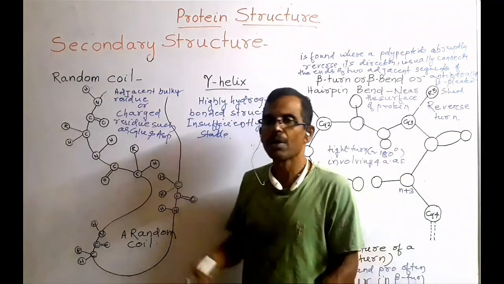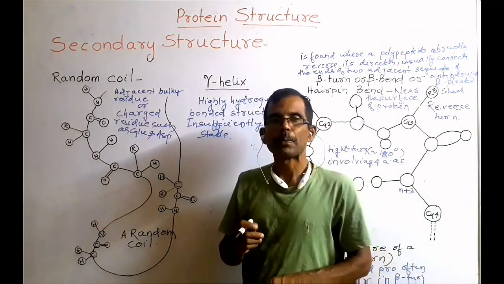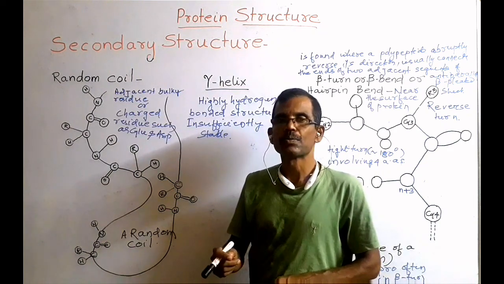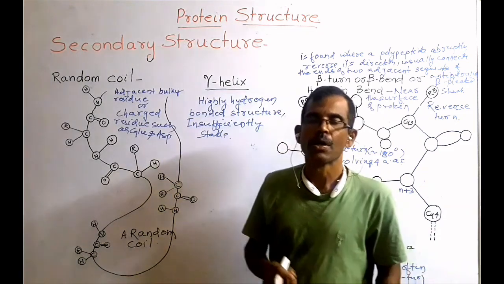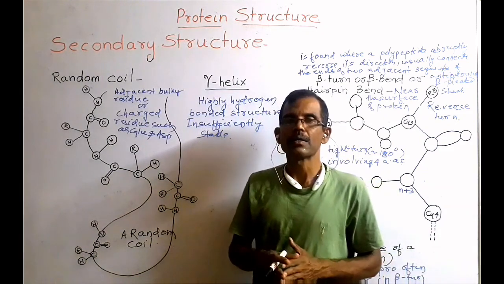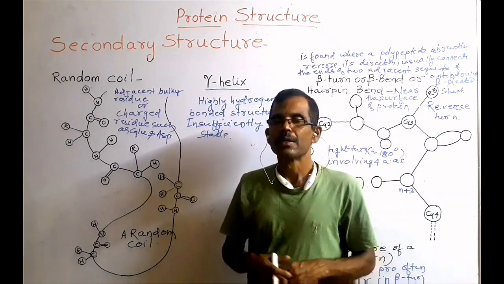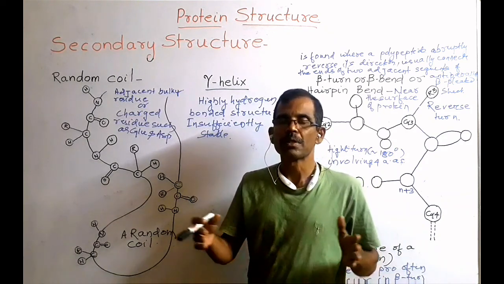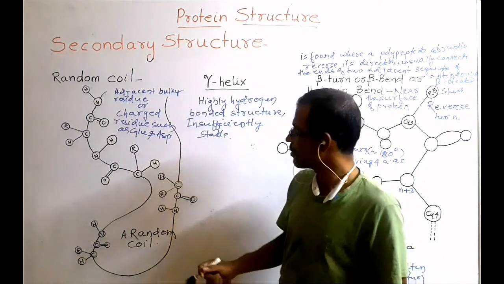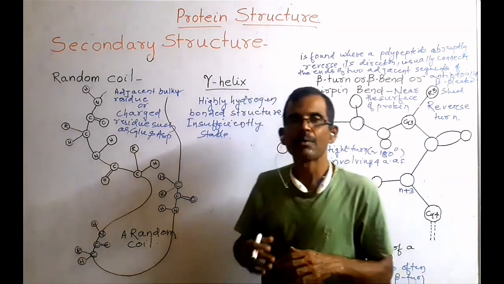What is random coil? When the polypeptide contains adjacent bulky residues, for example isoleucine, or charged amino acid residues like aspartic acid or glutamic acid, the force of repulsion between them causes the polypeptide chain to assume the configuration of a random coil.